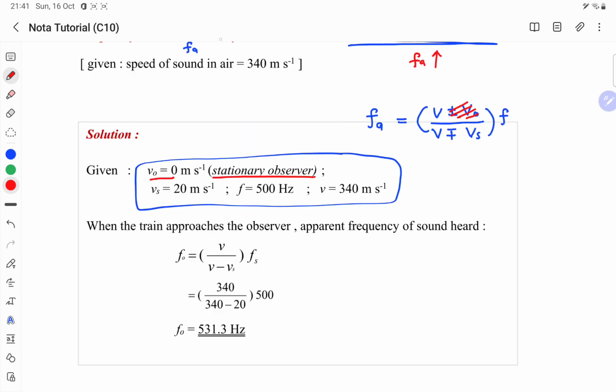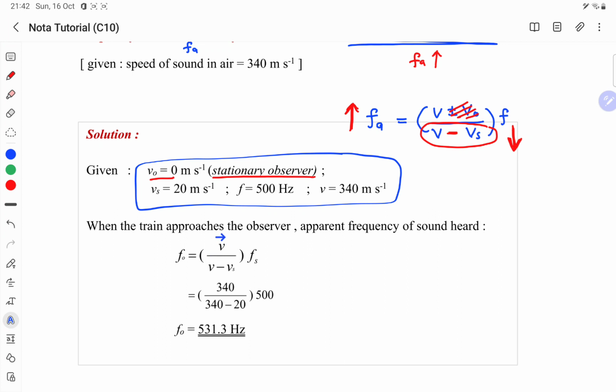Okay, and then logically the FA should be increasing. So for that, the denominator, this part, should be decreasing. For that to be a smaller value, we need the negative sign. So V minus Vs, the value will become smaller, so FA will be increasing.